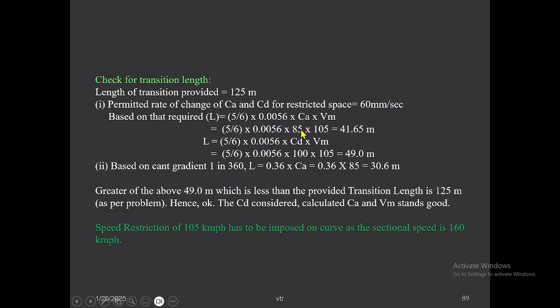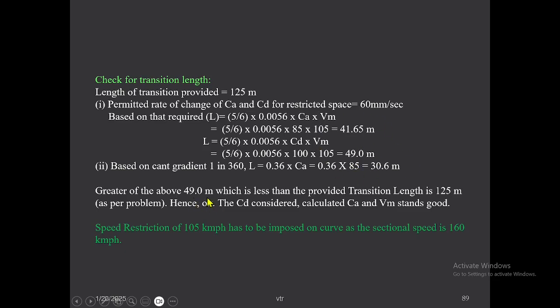Here Ca is already given in the problem, Vm we have calculated, it's 105, and Cd is also given in the problem. So substituting everything, the first condition gives 41.65, the second condition 49 meter, and the third condition 30.6. The greatest one is 49.